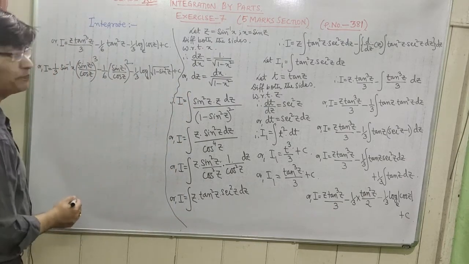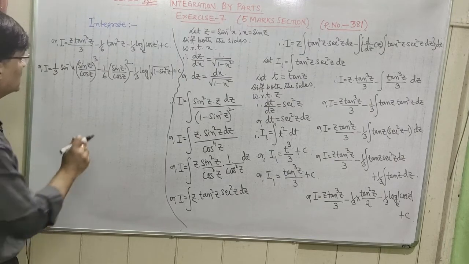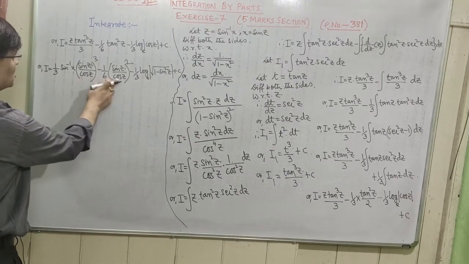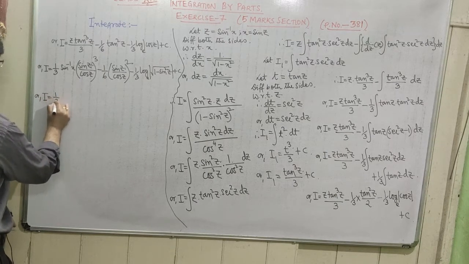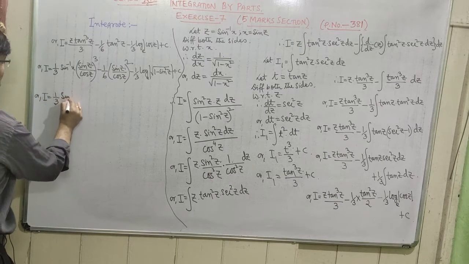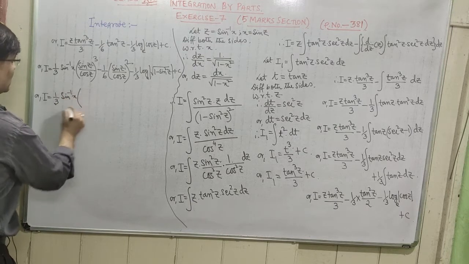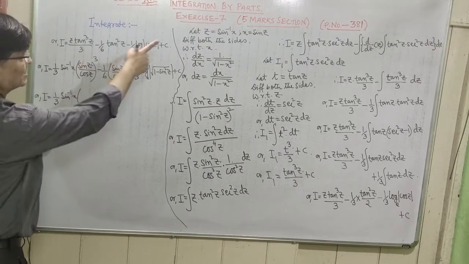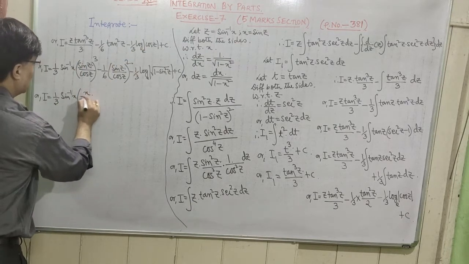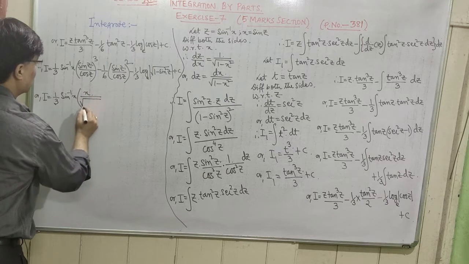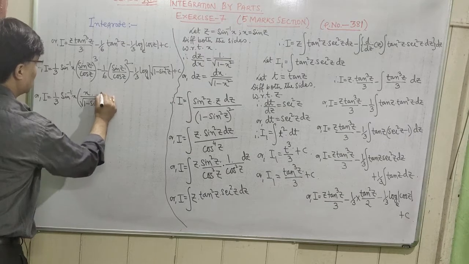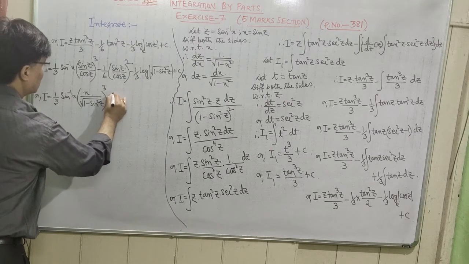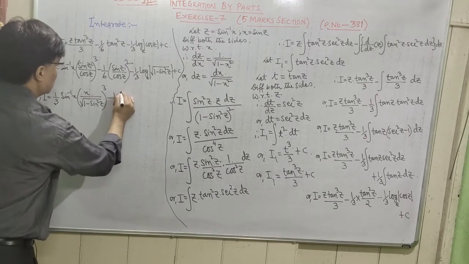Is that clear now? So I think you have understood it. Now again you have to convert this cos z into sin z. So I is equal to, this is 1/3. This is your sine inverse x within bracket. What is sin z? Sin z is x divided by root over, this is your 1 minus sine square z whole cube, minus 1 by 6 within bracket.